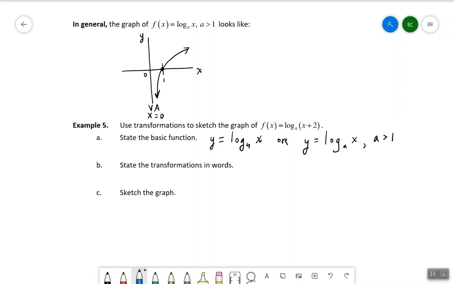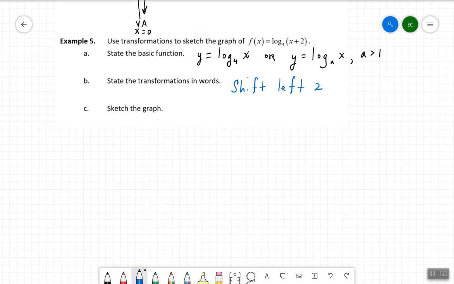And then the transformation is this plus 2, and that's inside the basic function, right? That happens before the logarithm. So that's going to be a horizontal shift to the left 2. Shift left 2. And then we can go ahead and sketch that graph.